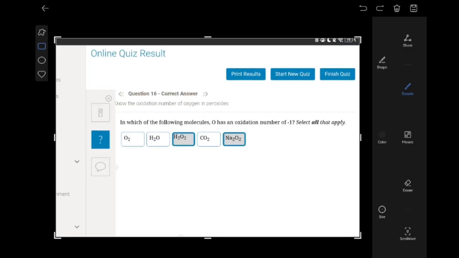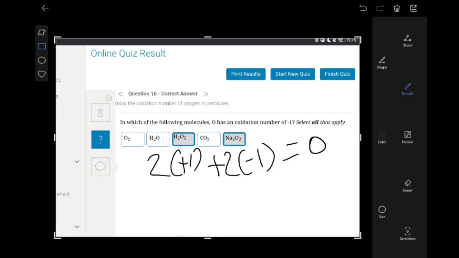And if you check, it makes sense because you have 2 times +1 plus 2 times -1 equals 0. Does it not make sense? Or even if you don't want to be sure, you can add 2 times x. Well, what else could it possibly be? 2 plus 2x equals 0. Move 2 to the other side. 2x equals -2. X is -1.